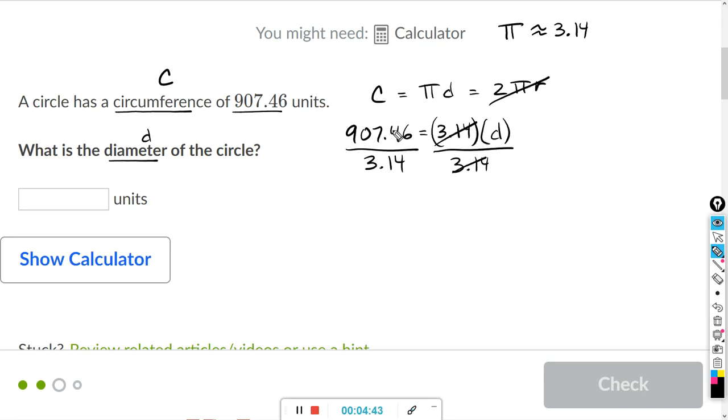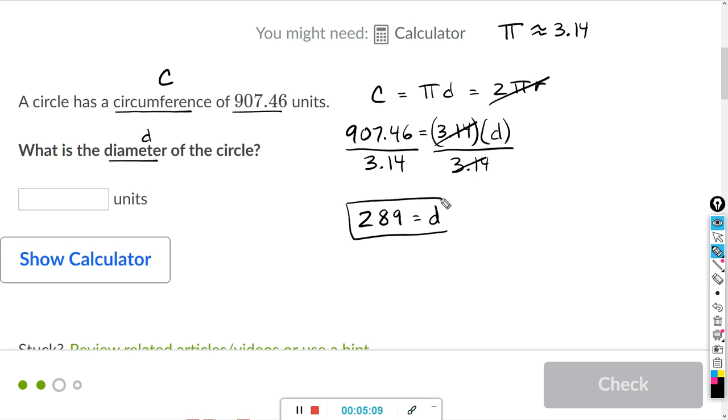On the calculator, you want to do 907.46 divided by 3.14. I did this on the calculator, and I get an answer of 289. So this works out to 289, and that just equals the diameter d.